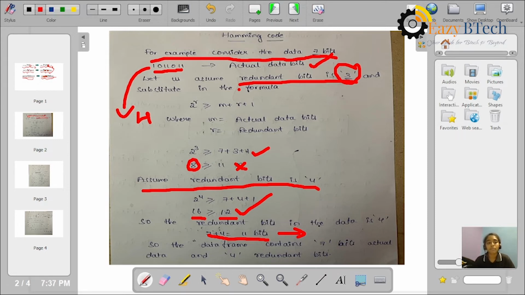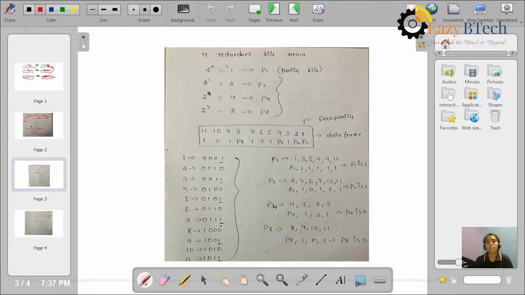Okay. See, we identified that 4 redundant bits are used in a particular data unit. In which positions we inserted those bits in the data unit, we have to identify. See, 4 redundant bits.